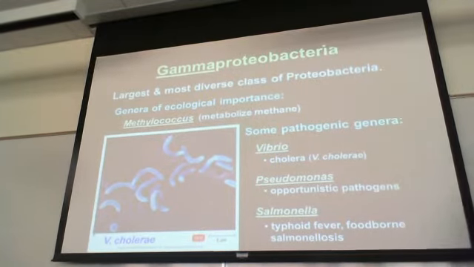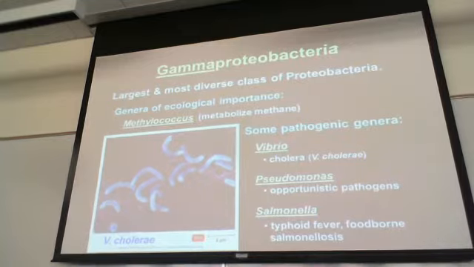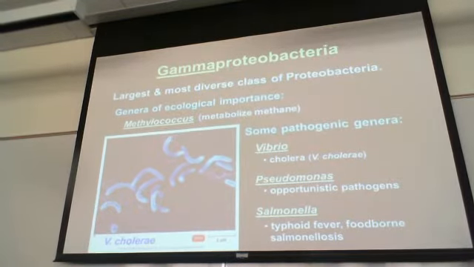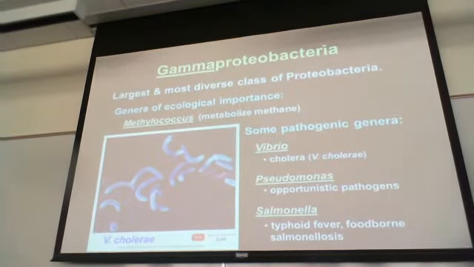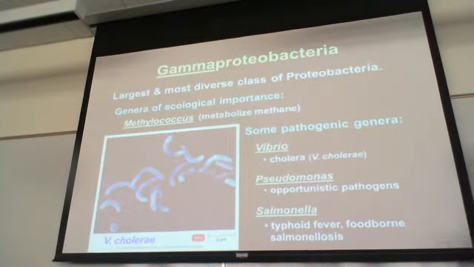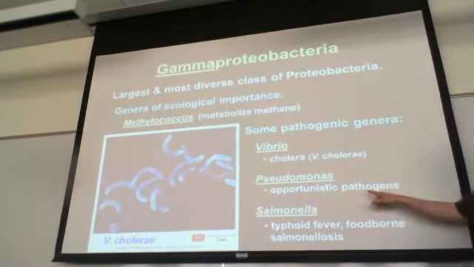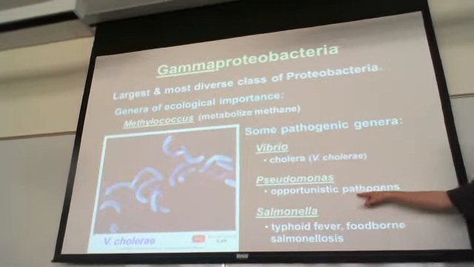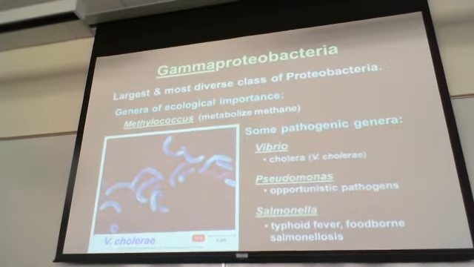Pseudomonas, there's a couple of species of Pseudomonas we'll actually handle in the lab. Don't be alarmed. But for example, in hospital environments, species of Pseudomonas can frequently cause infections. They're what we call an opportunistic pathogen. So what does that mean? An opportunistic pathogen?